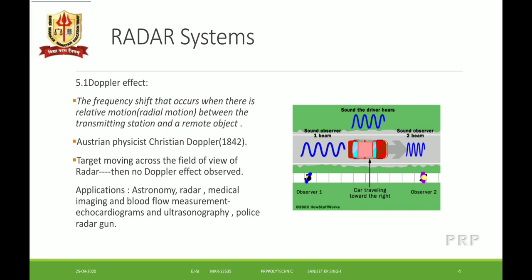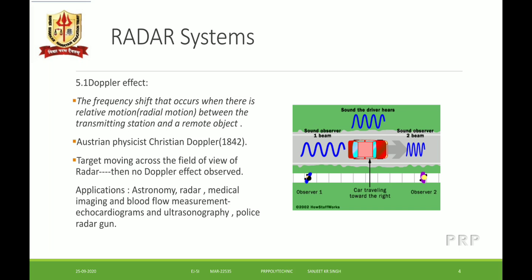So if a target is moving across the field of view of a radar, then there is no Doppler effect, no frequency shift is observed, and therefore it cannot be detected.